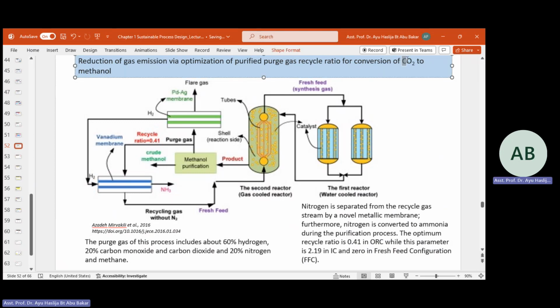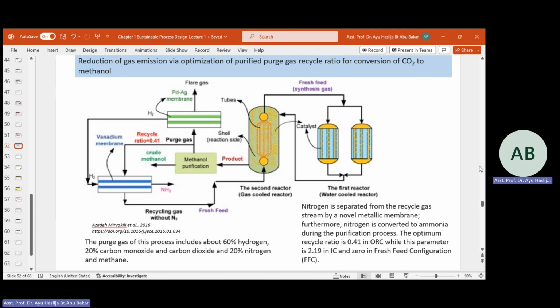One of the feeds is CO2. Okay, the focus here, they want to recycle the CO2. Reduction of gas emission via optimization of purified purge gas recycle ratio for conversion of CO2 to methanol.